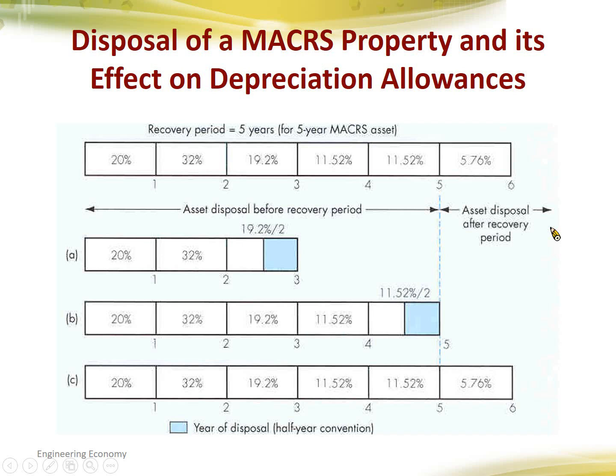convention. So if we take MACRS in the beginning, it should be 40%, but because we take half-year convention, there's only 20%. And this is the second year, the third year. And remember that after we reach a certain point, along the way, we compare whether MACRS or linear depreciation gives us better depreciation.